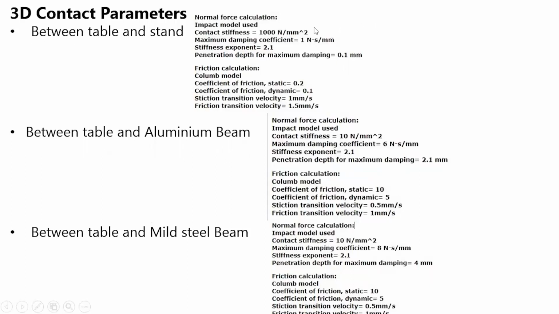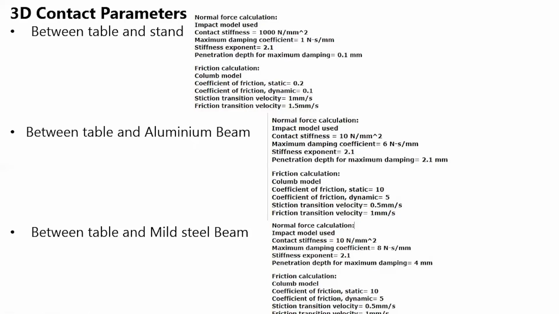For example, the contact stiffness is 1000 Newton per 1000 megapascals. The maximum damping coefficient is equal to 1. The stiffness exponent is equal to 2.1. The penetration depth is 0.1. According to this, these are the values set for this particular model.